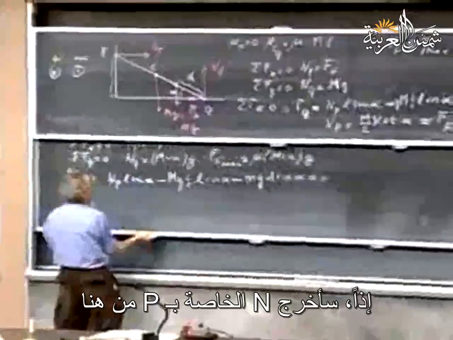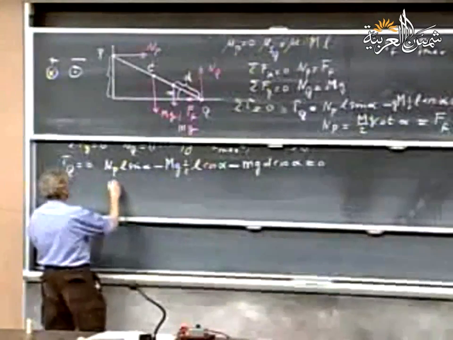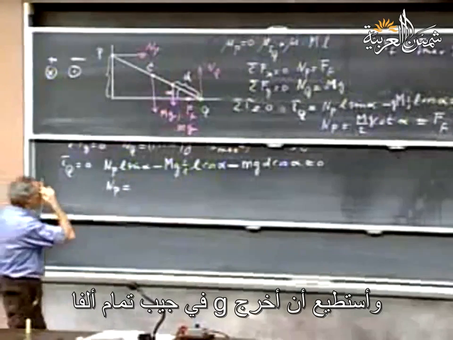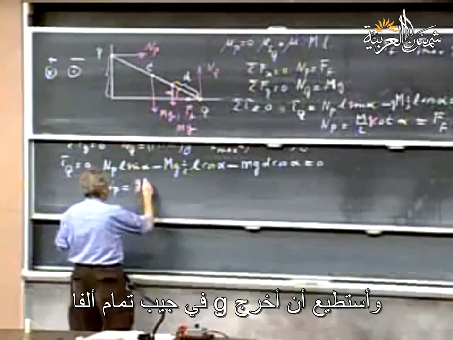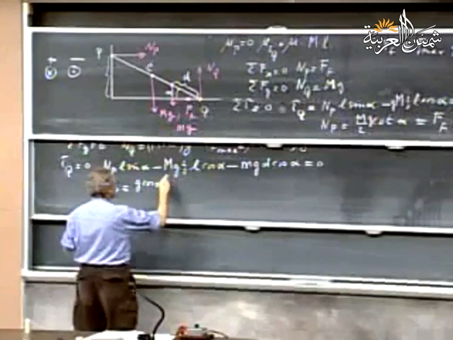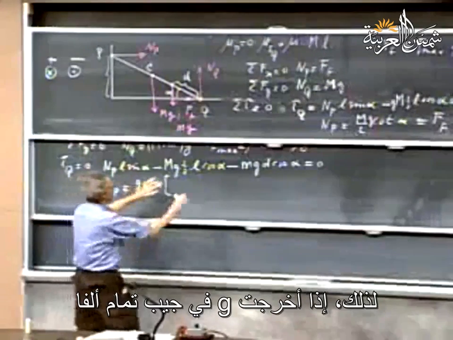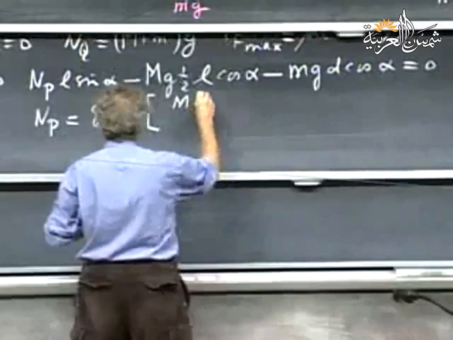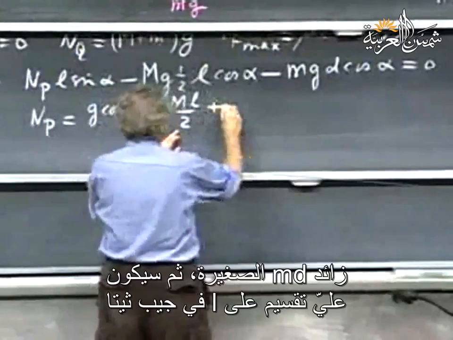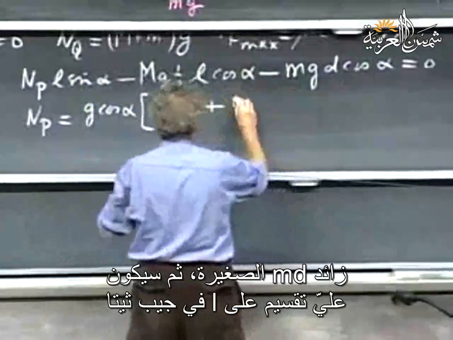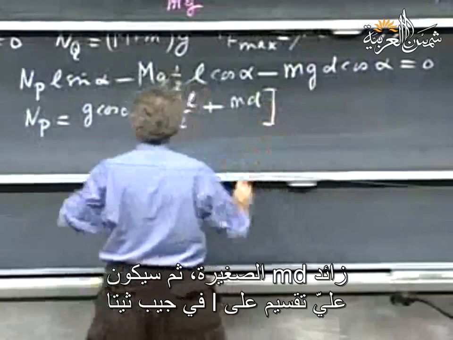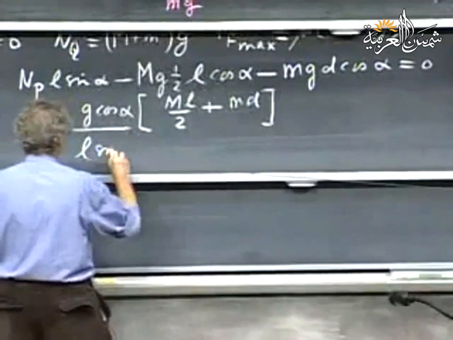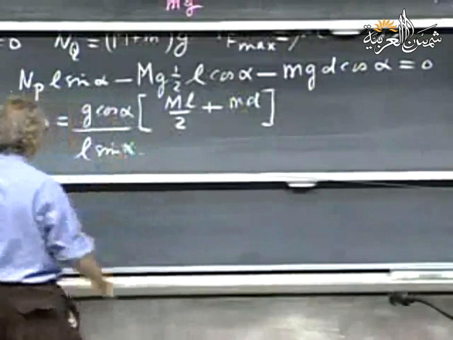So I'm going to take N of P out of here. I can take g cosine alpha out. So if I take g cosine alpha out, I have ML divided by 2 left over, plus little md, and then I have to divide by L sine alpha.